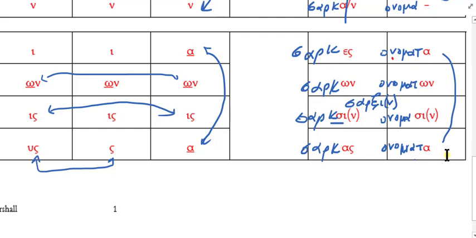All right. So those are your third declension case endings on third declension stems. Any questions about this? Where will you see the real consonantal stem obscured? What two places?